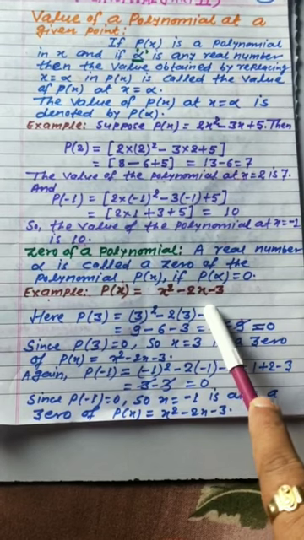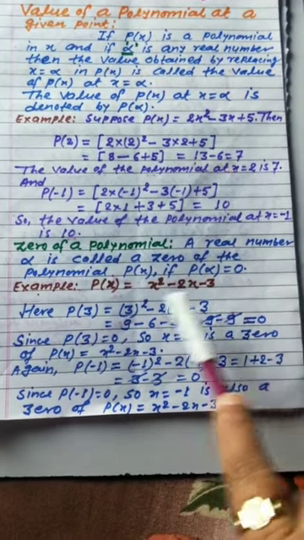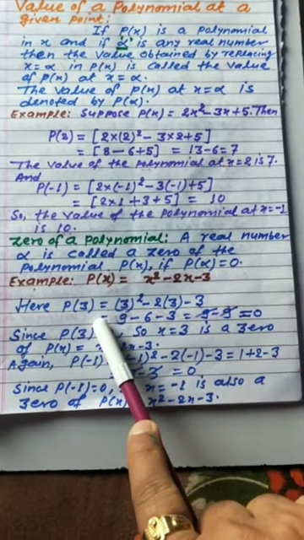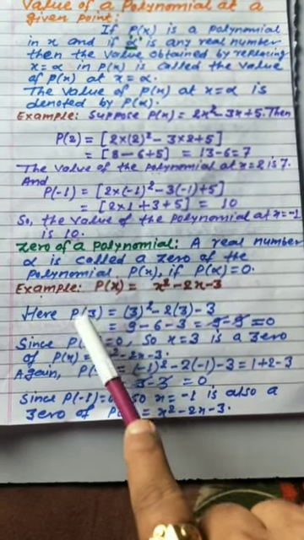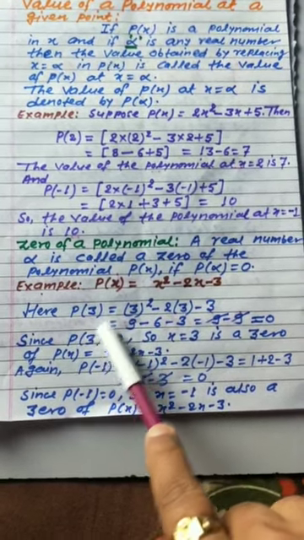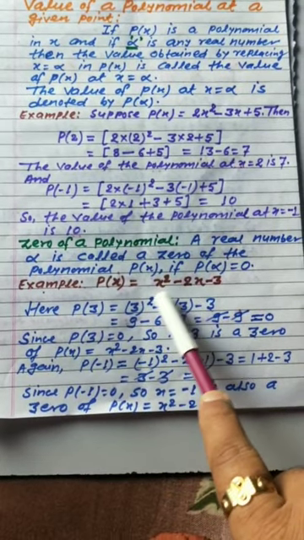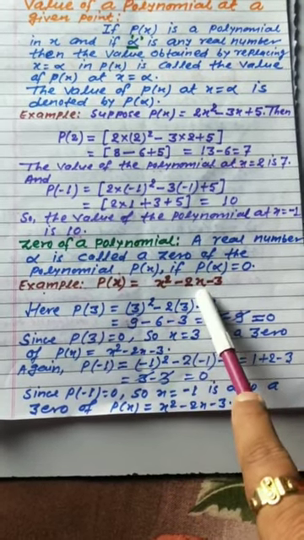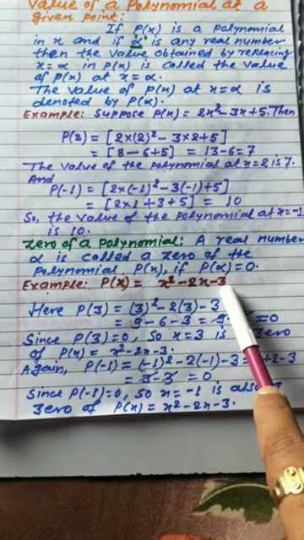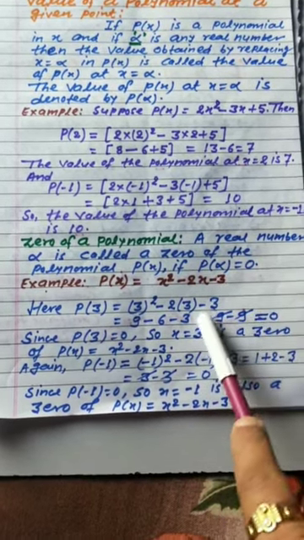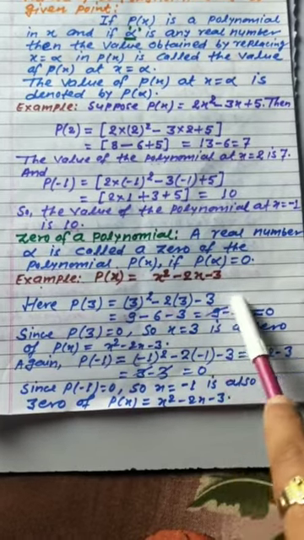As for example, x square minus 2x minus 3. Here we find p3, so x is replaced by 3. Here x is also replaced by 3, and with 3 there is no x, so it remains the same, minus 3.